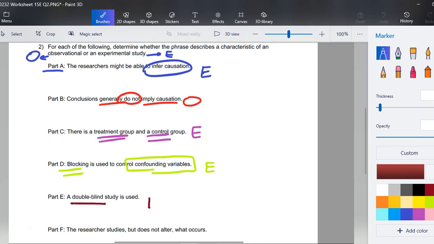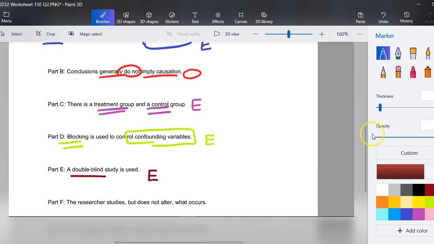A double-blind study is also used in experimental, and again, trying to get a pure situation so that we can definitely say what we've got is because of something else. Part F, the researcher studies but does not alter what occurs, and that would be observational.